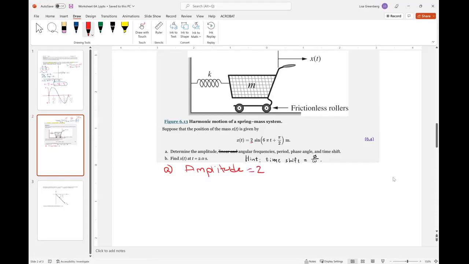That's our amplitude. Our angular frequency, which is our omega, is equal to 6 pi.